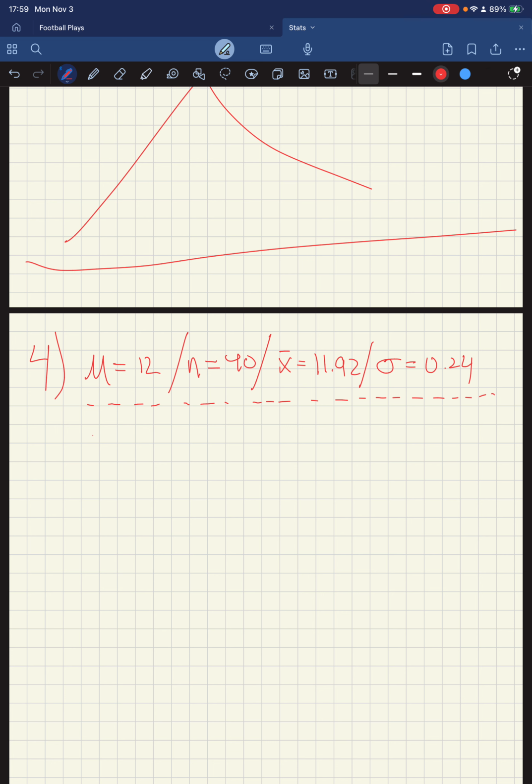So I'm going to start with our hypotheses, where mu equals 12 and mu is less than 12. State the null and alternative hypothesis clearly. Is this a one-sided or two-sided test? Explain why.